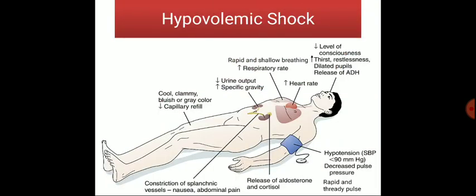Hypovolemic shock is also known as cold shock, as it is caused by low blood volume resulting in decreased cardiac output.